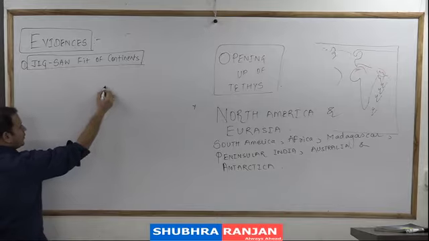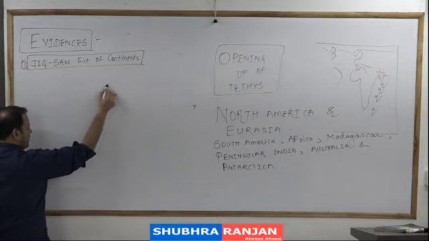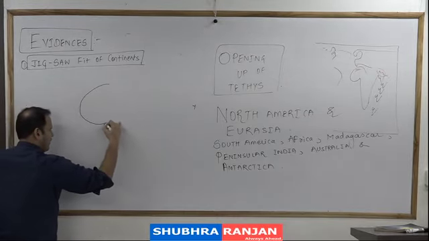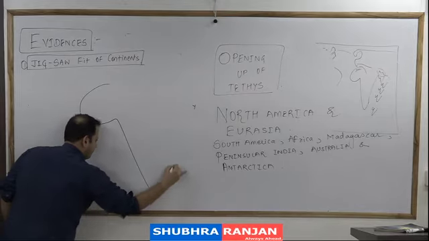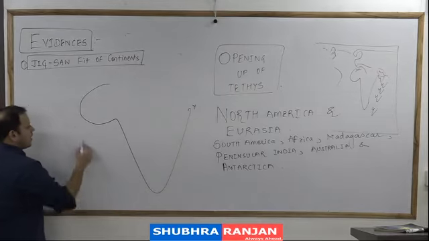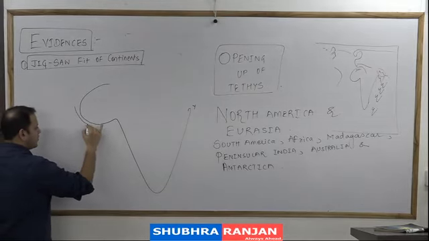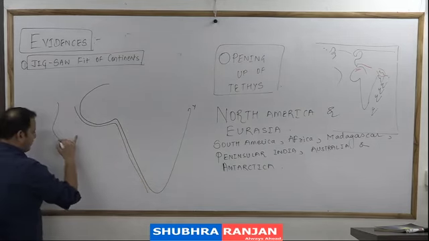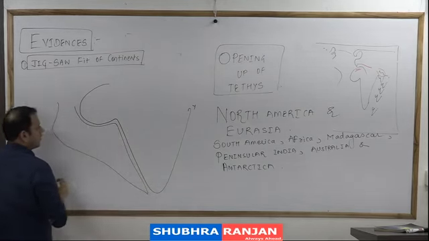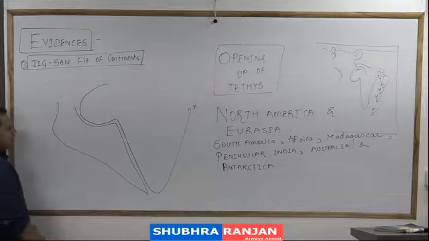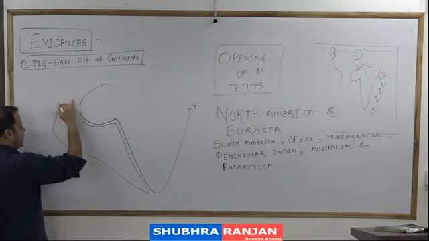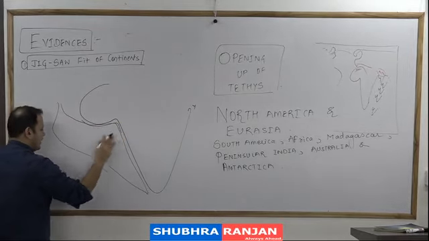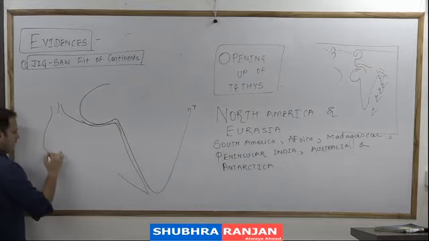And in this, if you can make this diagram, do make this diagram. We make Africa, and then we make South America. And this is what we call a jigsaw fit of the continents. That is, the continents of South America and Africa exactly fit into each other.